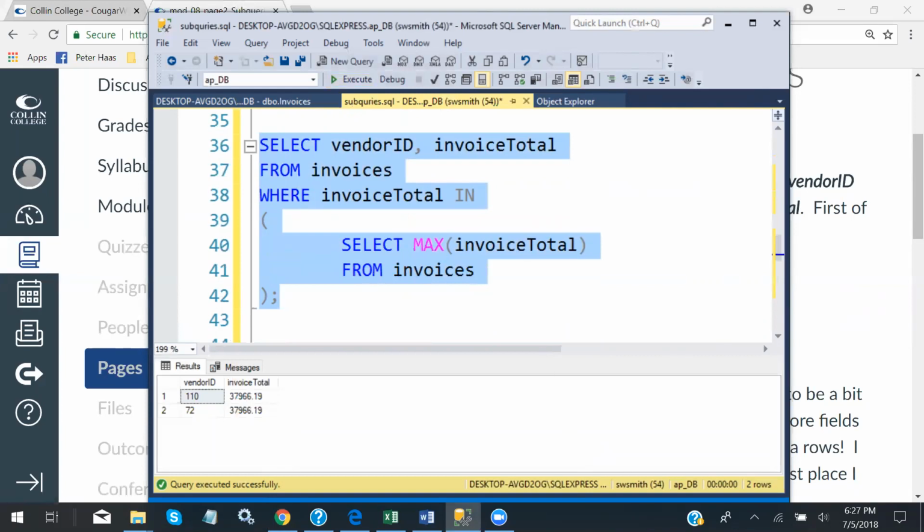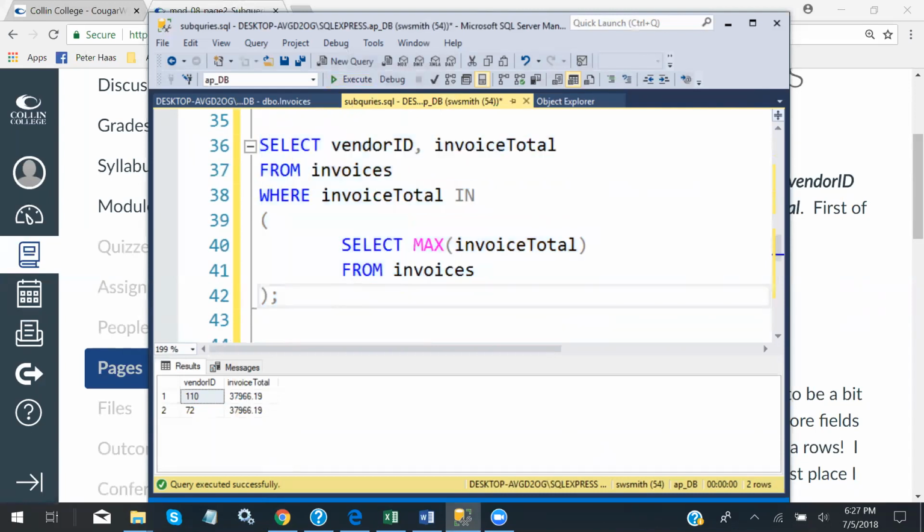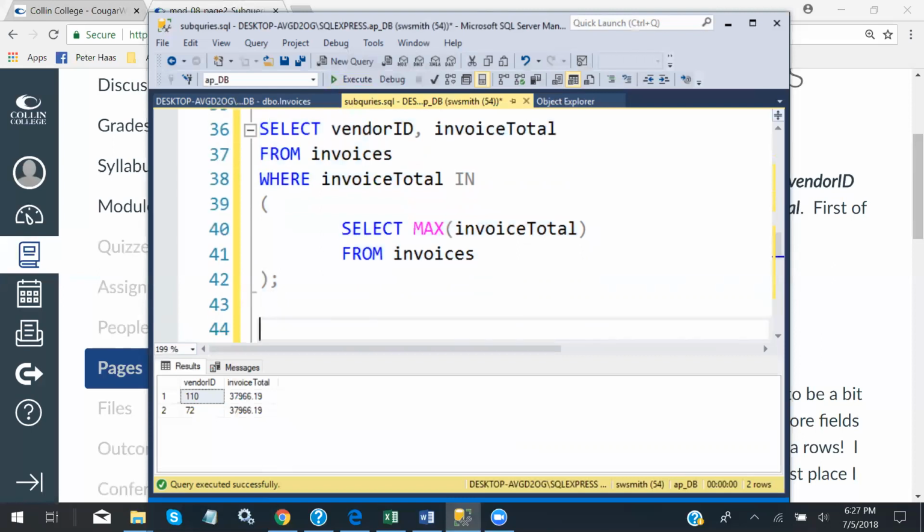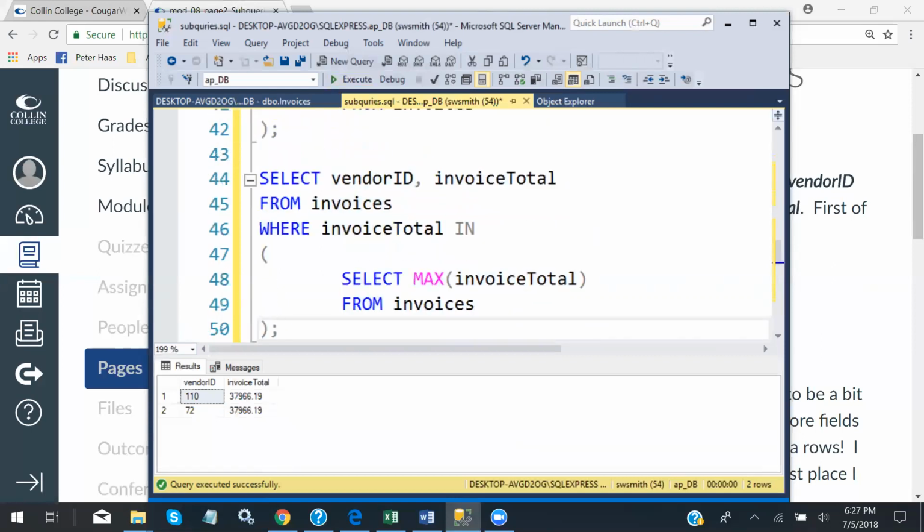This has a couple of little corollaries. I want to find, do I have any that are average?